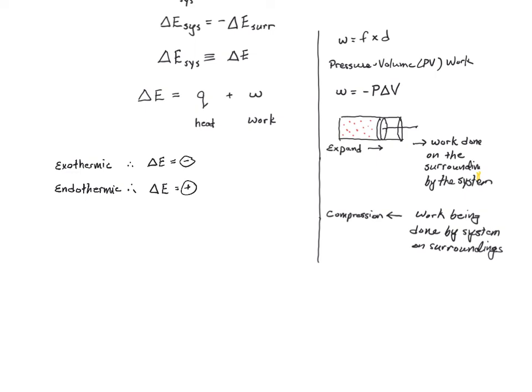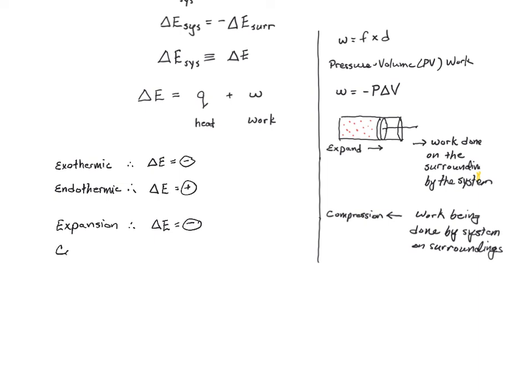Now, if we have a system that is undergoing expansion, think about what that's going to do to the energy of the system. If it's expanding against its surroundings, it must be exerting energy. It must be giving up energy somehow. So the change in energy there is going to be a negative value.